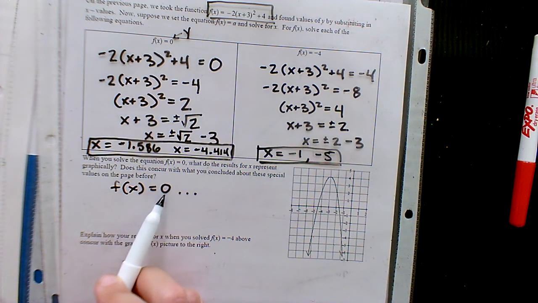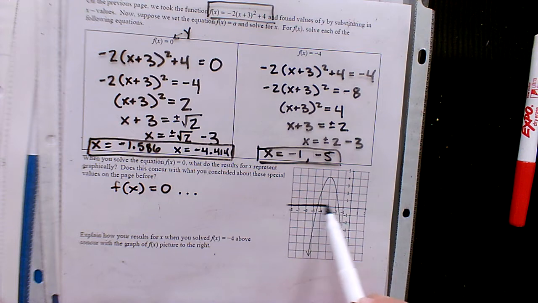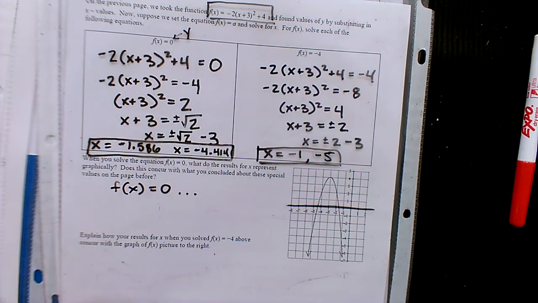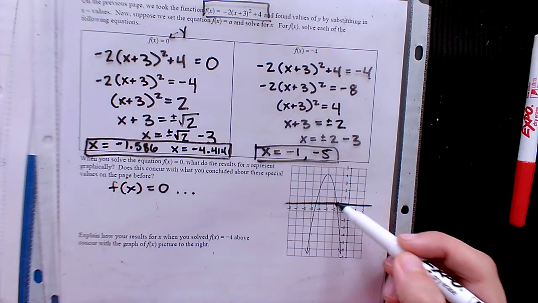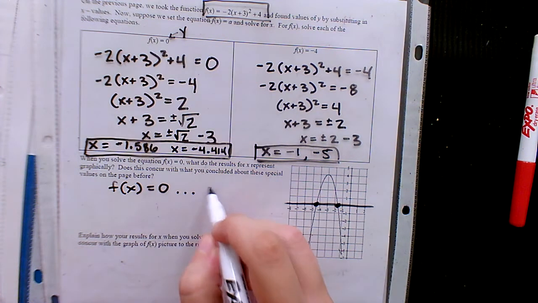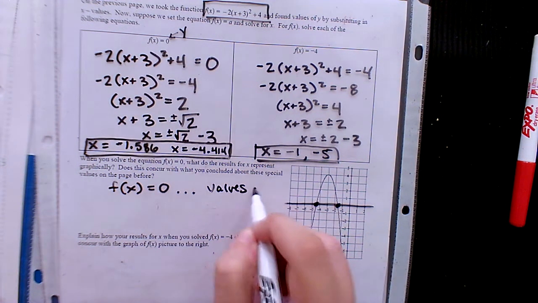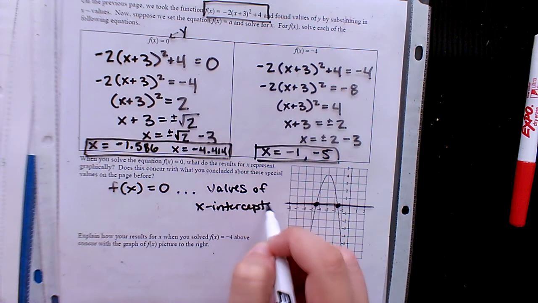This was a y value, right? Okay, so a y value of 0 happens to be the x-axis. So if you have a y value of 0 and these are your x spots, it looks like we just found x-intercepts. Okay, so whenever your y value is 0, you're finding the values of x-intercepts.